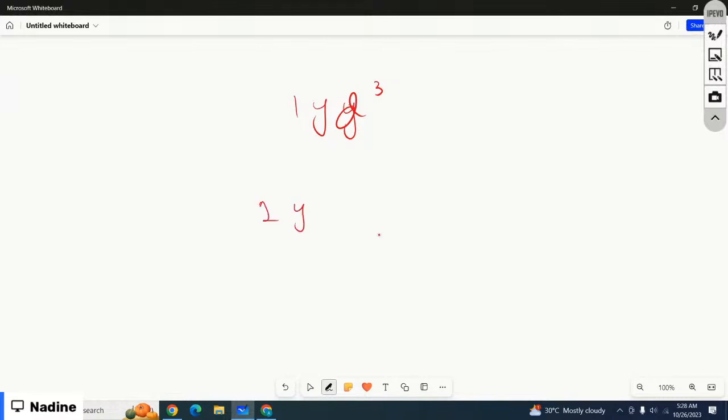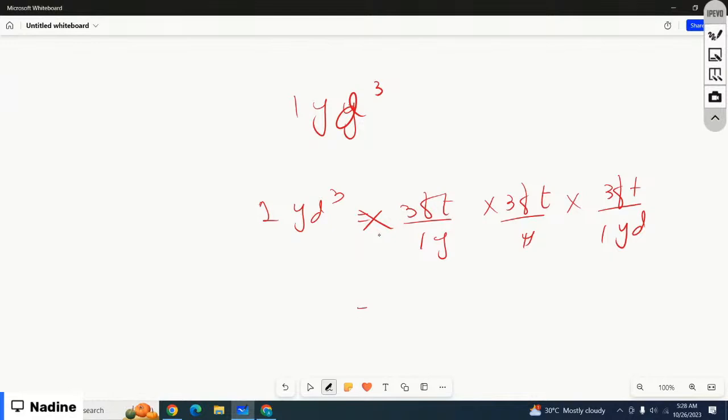So you have to do 1 cubic yard equals 3 feet times 3 feet times 3 feet. 3 times 3 is 9, 9 times 3 is 27. So that equals 27 cubic feet, right? The correct option is 27.